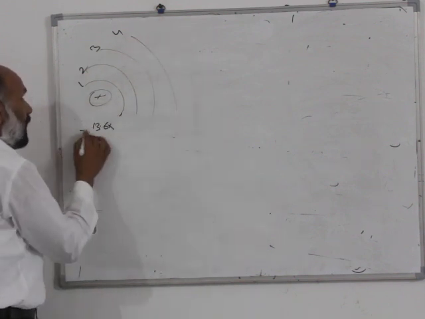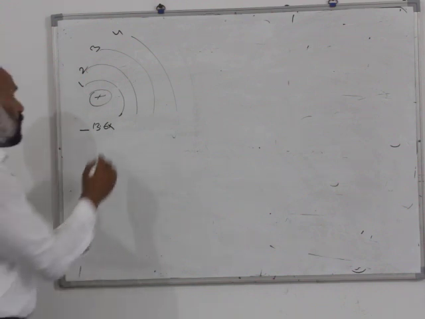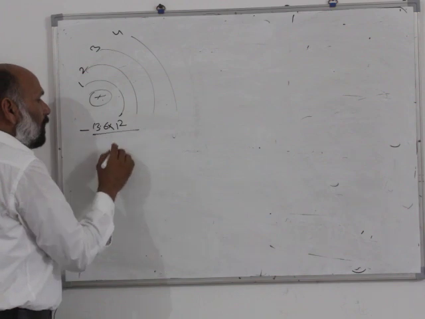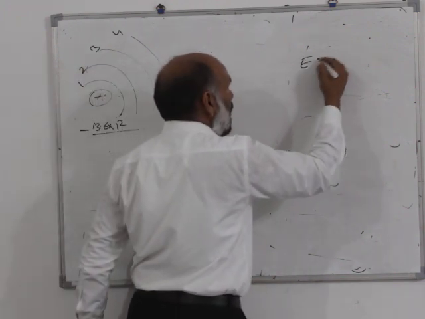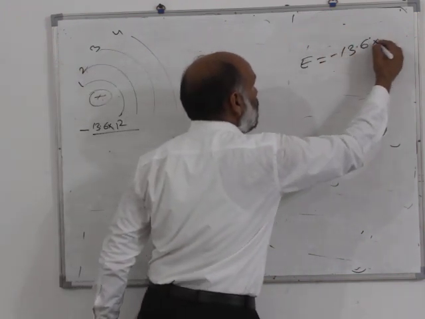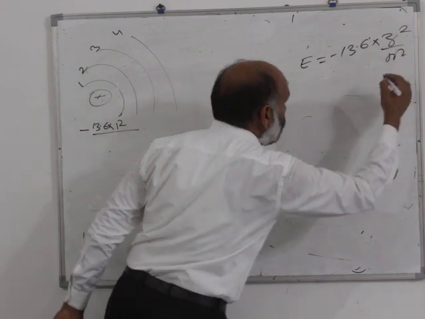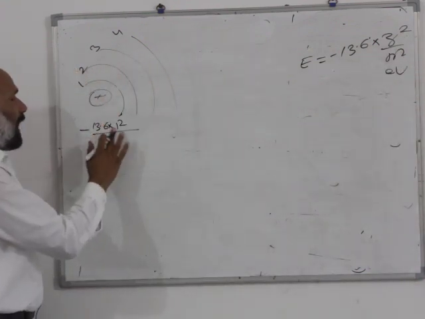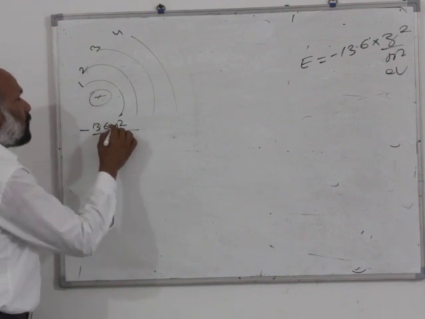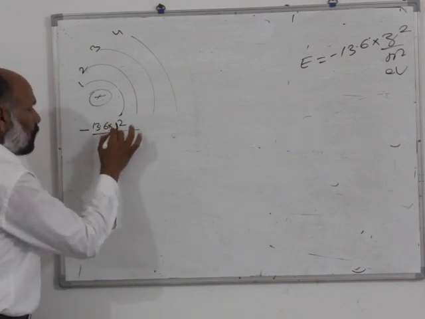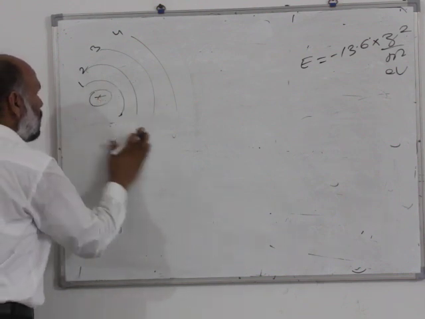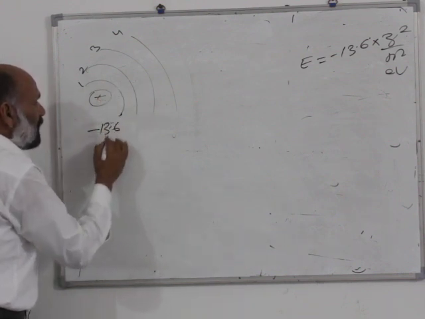Minus 13.6 into z square by n square. What is z square for hydrogen? 1. Let us write the total energy minus 13.6 into z square by n square electron volt. So what is the energy in the first orbit of hydrogen atom? Minus 13.6.